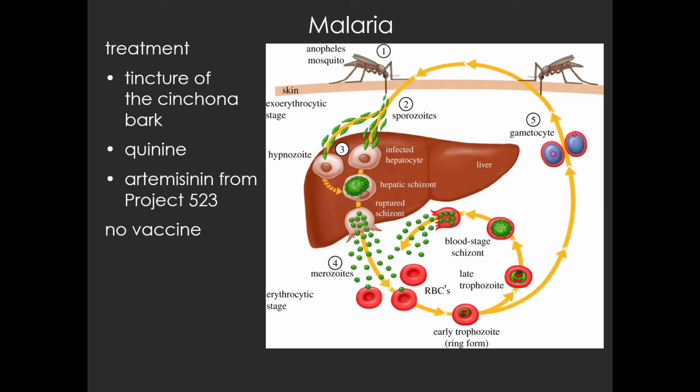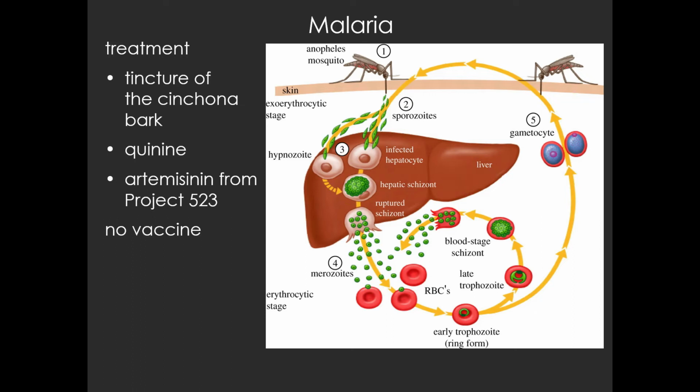The gametocytes are taken up by a second uninfected mosquito in whom the life cycle continues until the sporozoites are formed, which then burst through and get into the salivary glands of that second mosquito and are transmitted to a person during a blood meal.